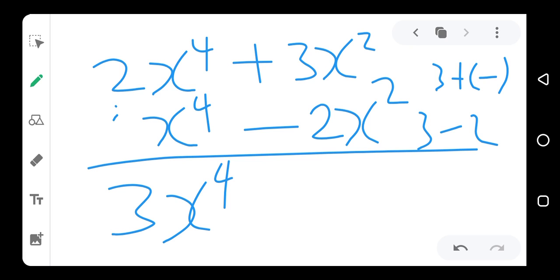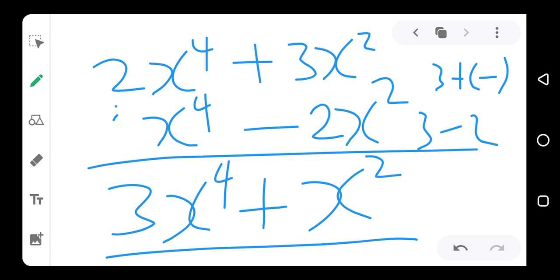So we are going to have plus 1x raised to power 2, and 1x raised to power 2 is the same thing as x raised to power 2. So the answer is 3x raised to power 4 plus x raised to power 2.